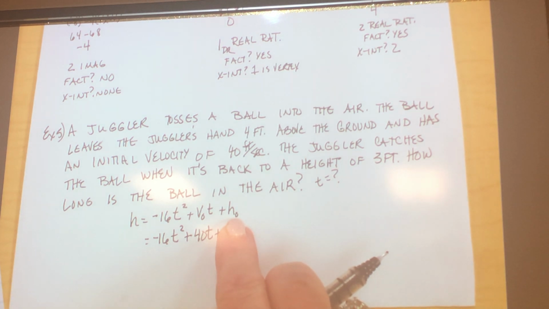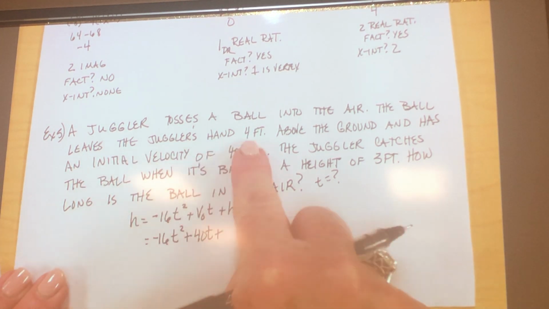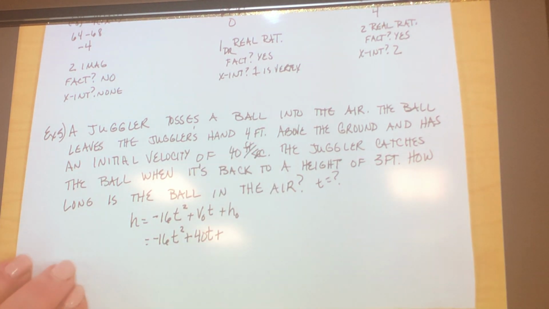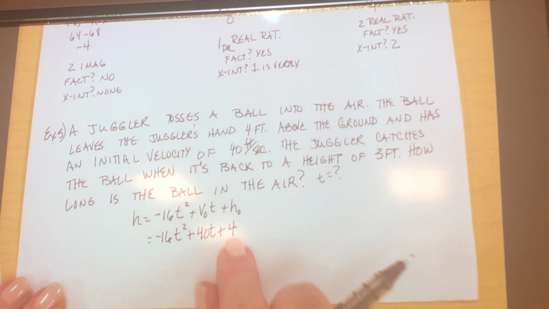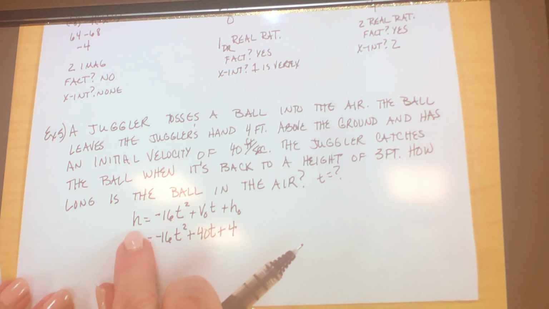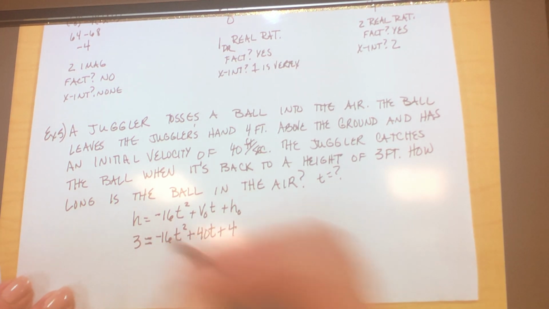What's my initial height? 4 feet. My penmanship is part of the reason you don't see it, because it's a little hard to read. All right, so 4. What is this? Height. Which height? Ending height. That's my 3 feet. Very good.